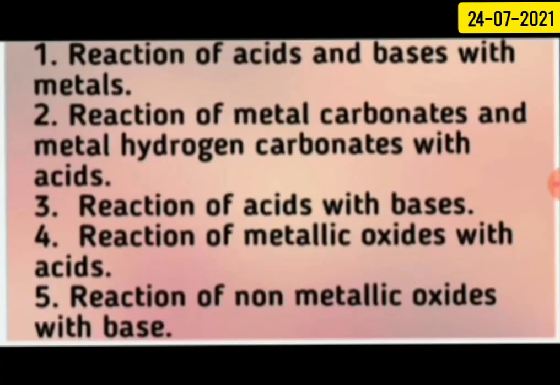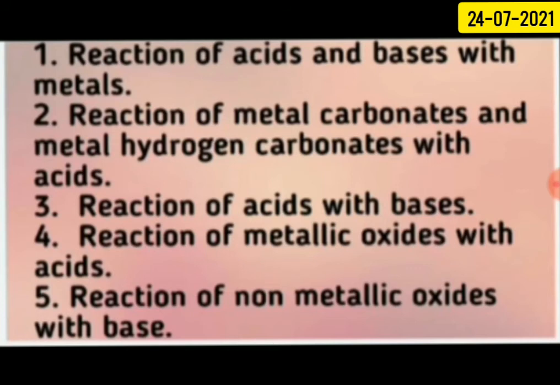We are going to study how to do the reactions of acids and bases. The acids and bases react with so many things. There are 5 types of reactions. 1. Reaction of acids and bases with metals. 2.